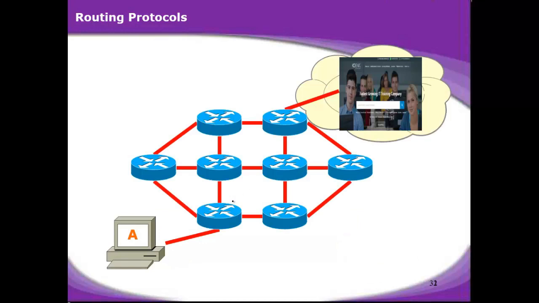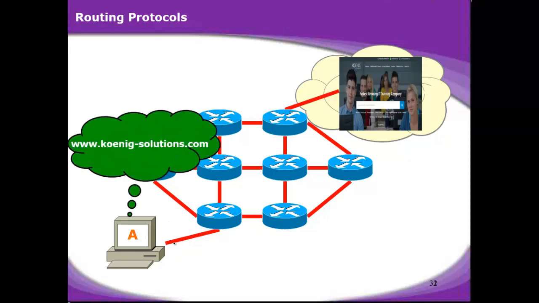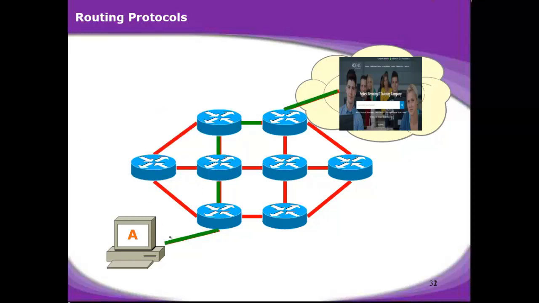The function of the routing protocols is this: let's say you have multiple paths to reach your destination. This is your destination and this is your source. Let's say your destination is koenigssolutions.com and you want to reach it. This could be one way to reach there, and this is another way. There can be multiple paths to reach a particular destination.